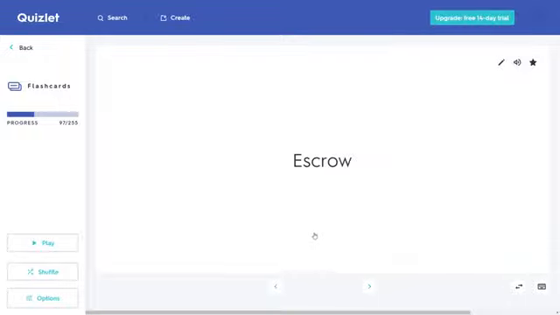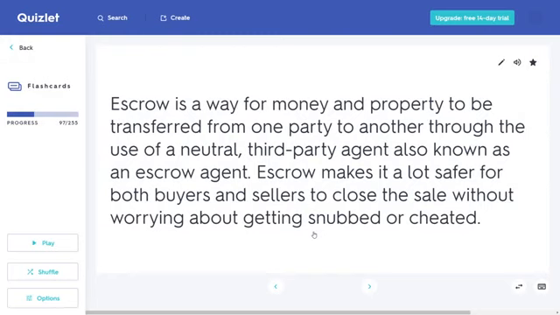So, escrow is a way for money and property to be transferred from one party to another through the use of a neutral third party agent, also known as an escrow agent. Escrow makes it a lot safer for both buyers and sellers to close the sale without worrying about getting snubbed or cheated. Listen, it's as simple as this. If escrow didn't exist, there would be so many potential issues with transferring property.